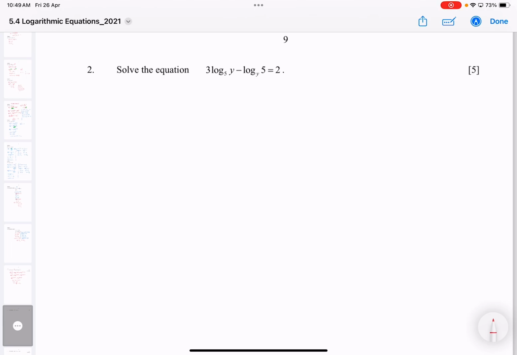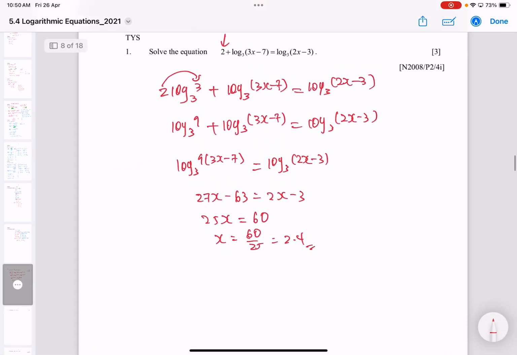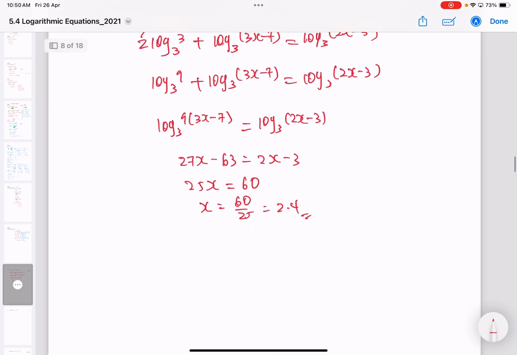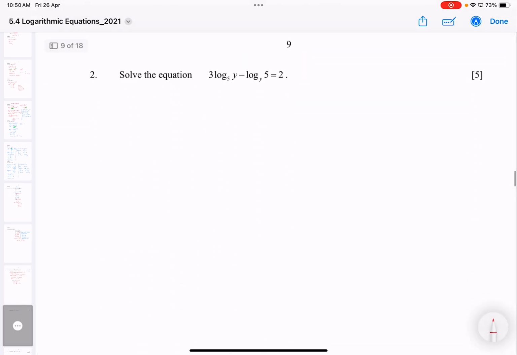N just means the November paper. November 2008 paper 2. Wow, hey, that is the year that I took my exam. No. I took my O level in 2006. How old were you guys then?